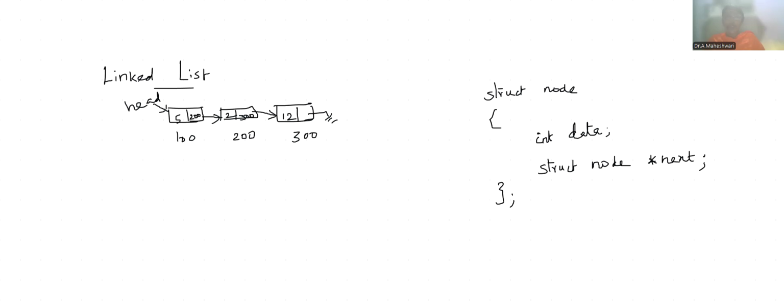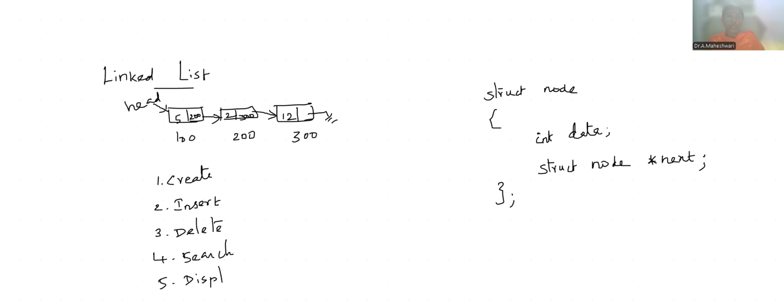Okay. So we have 5 different operations in a linked list. One is the create function. Second one is insertion. Third one is delete. Fourth one is search. Last one is display.